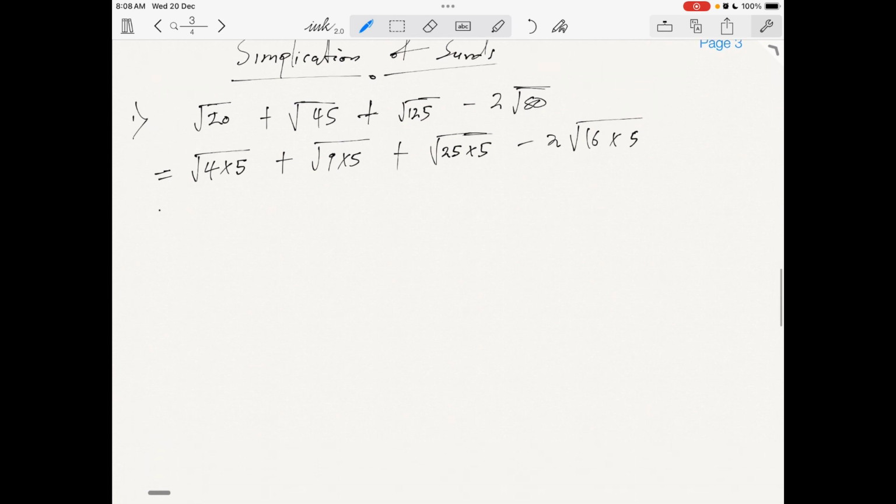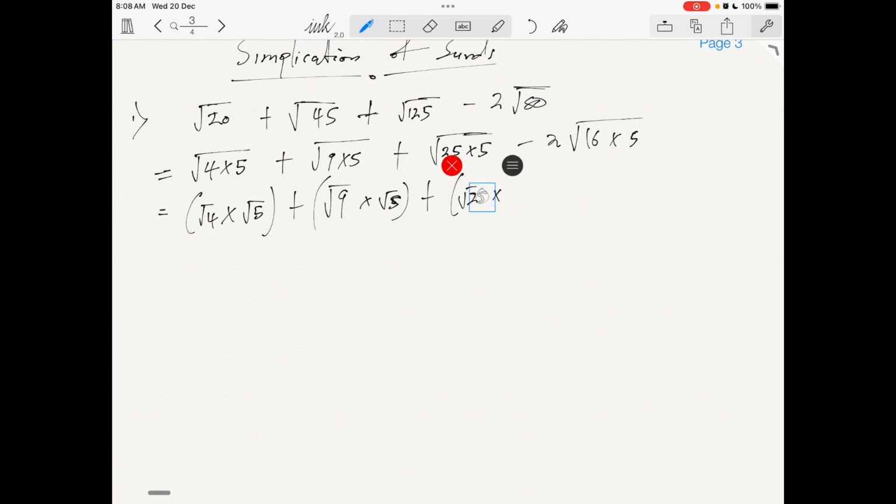So if we go further, we can now split further and say this is root 4 multiplied by root 5 according to the law of surds, plus root 9 multiplied by root 5, and you can see the good use of brackets here, root 25 multiplied by root 5 and minus 2 into root 16 multiplied by root 5.